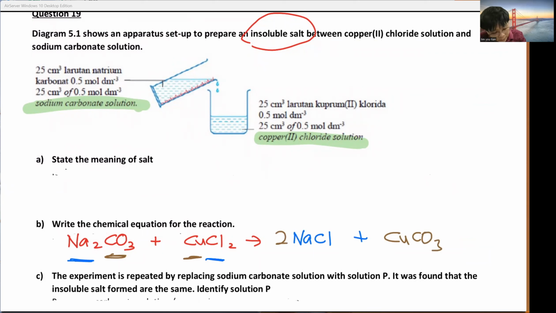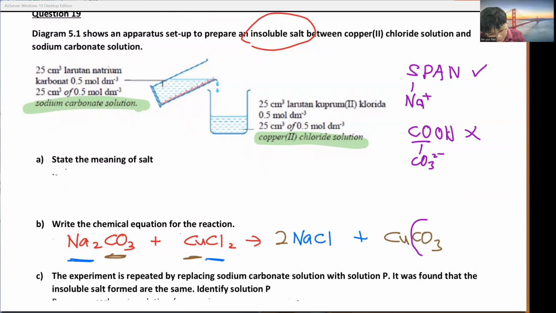Then how do you know soluble or not? As I told you, SPAN is soluble. As long as it got sodium, it will be soluble. COH insoluble. As long as got carbonate, it will be insoluble. So they actually try to prepare copper 2 carbonate.